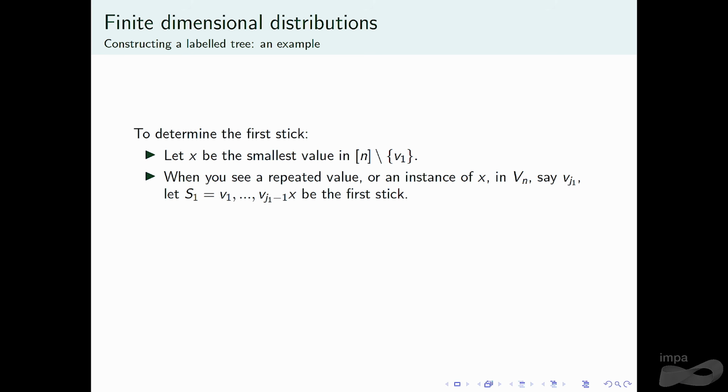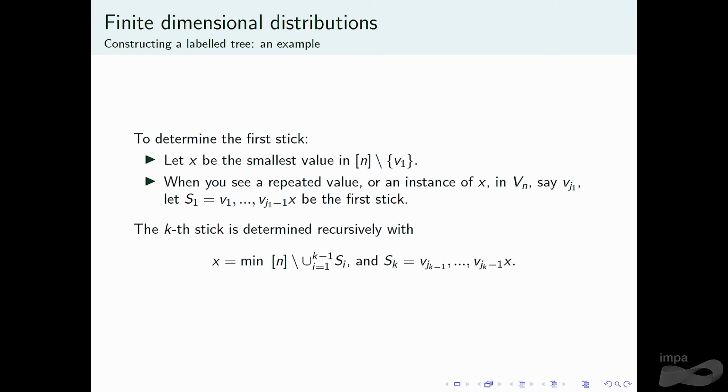Okay? And then we graft on this lowest value at the end as a leaf. Essentially, we continue this recursively, where we set our running minimum to be the minimum value that we've yet to put in our tree. And then we continue building sticks and grafting them onto one another.